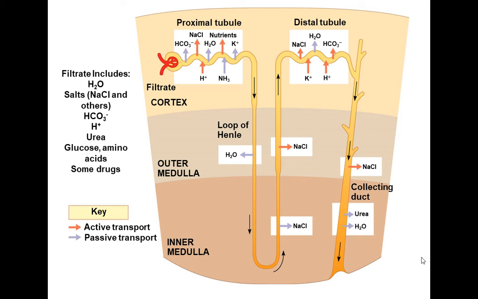In the ascending loop of Henle, we see that salt is able to leave both passively and actively. In the distal tubule, we have selective ions and molecules being able to move in and out of the filtrate. And then in the collecting duct, we have salt leaving actively, we have water leaving passively, and we will talk a little bit about how some urea will also leave.